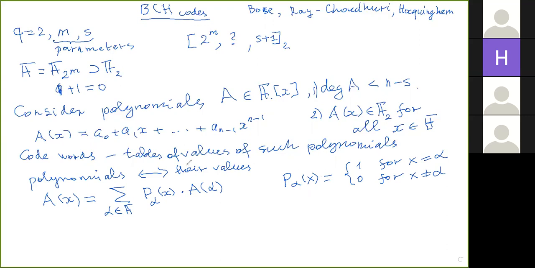Now we have to understand what happens if we require that the degree of the polynomial is strictly less than n minus 1. That means, in terms of the coefficients, in terms of the values, what does it mean that a n minus 1, a n minus 2, a n minus s equal 0?